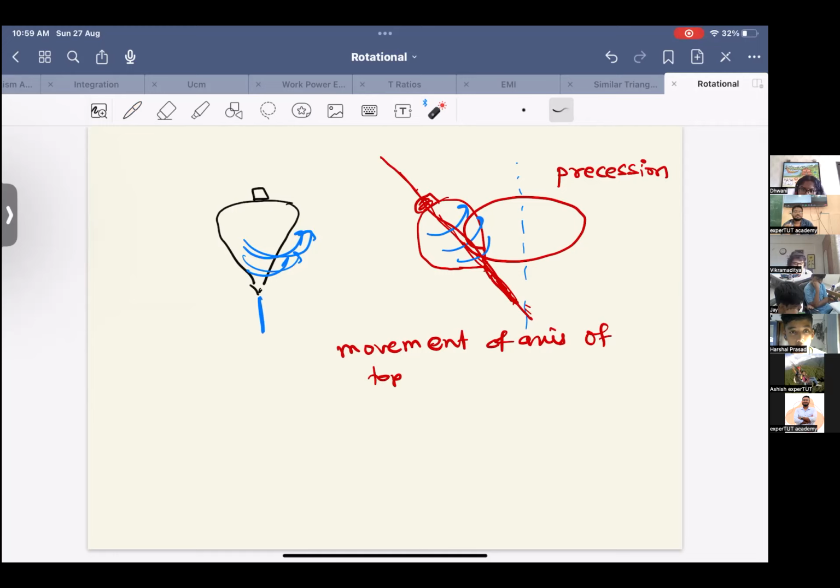Yes, Earth. Okay, Earth also does this. There is an axis of rotation. That axis of rotation is also revolving around the sun. Okay, fine. Yeah, understood everyone? Okay.